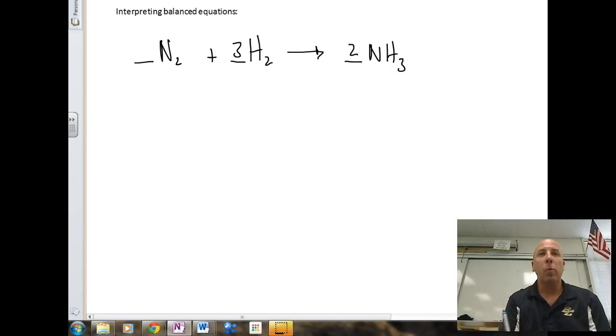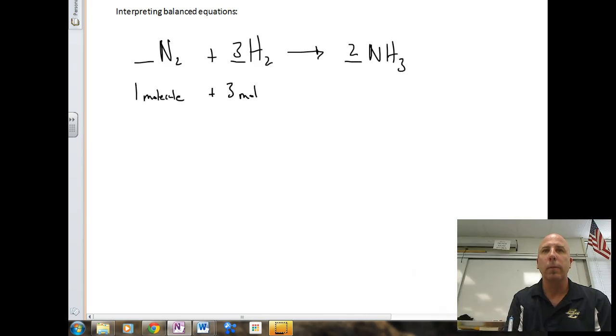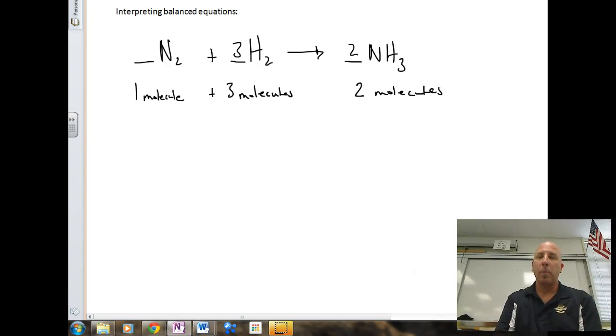Now, we can interpret this a couple ways. One, we can say here we have one molecule of nitrogen, and one molecule of nitrogen is going to react with 3 molecules of hydrogen to produce 2 molecules of ammonia. And that's a good way to look at things.